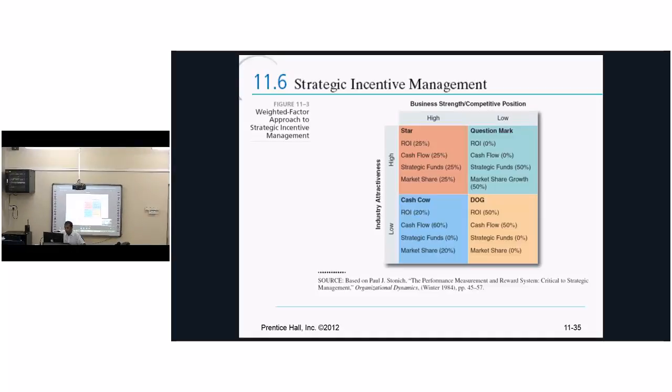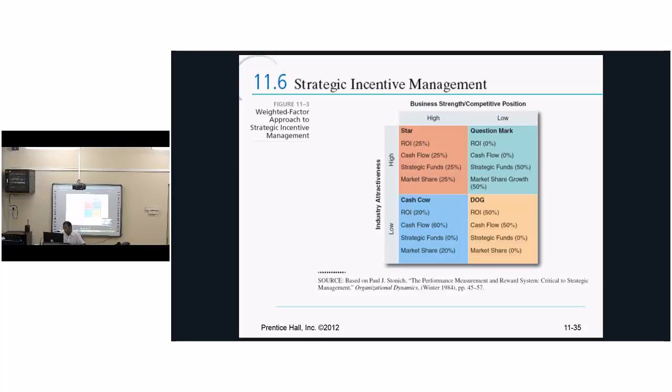So if you are a business which has a high industry attractiveness as well as a high competitive position, you may allocate your performance based on ROI, cash flow. The weightages are different: 25% on ROI, 25% on cash flow, 25% on strategic fund, 25% on market share.